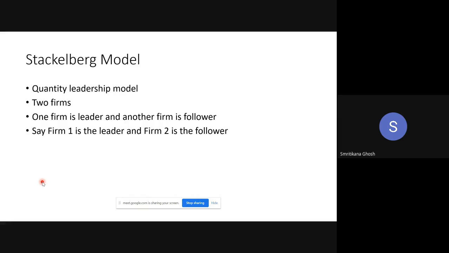Is that okay? But for the leader, the leader knows there is a follower. So if the leader changes his quantity, then the follower will change his quantity as well. So del Q follower with respect to del Q leader is non-zero for the leader. Ma'am, if the numerator has leader, then it should be for leader, and if the numerator has follower, then it should be for follower.